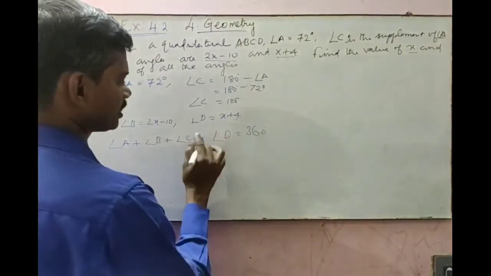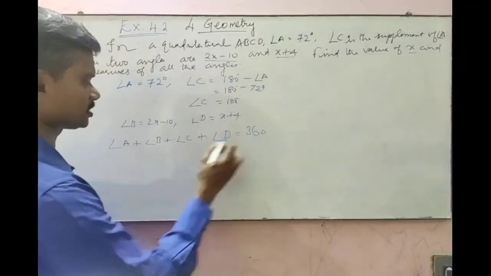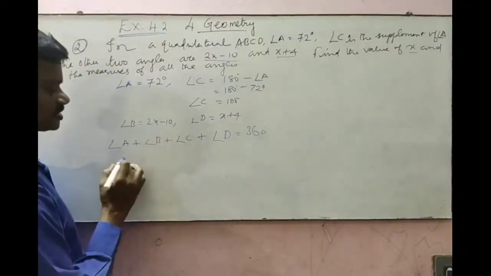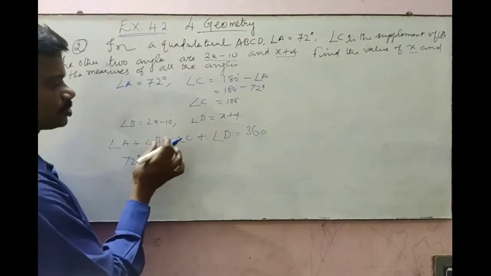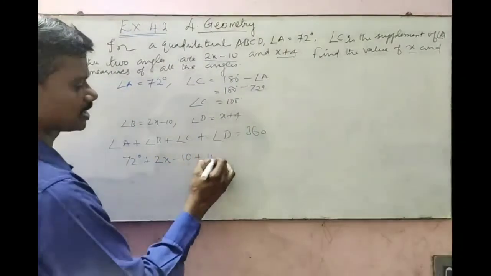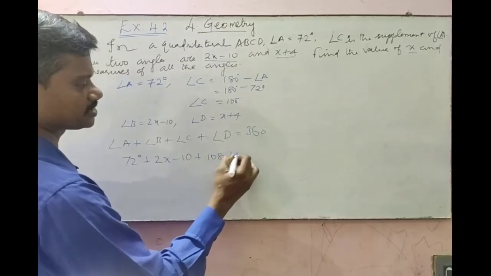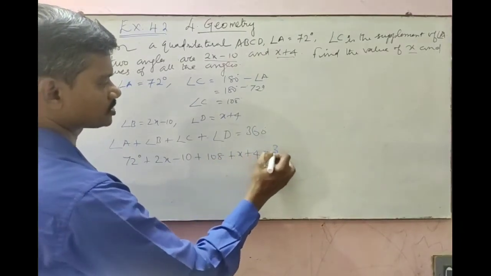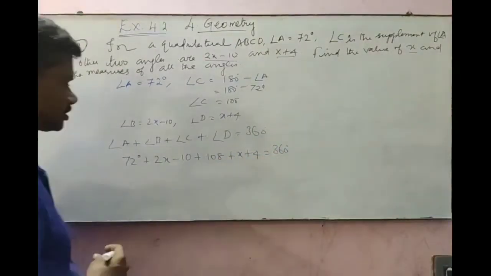The sum of all the angles in a quadrilateral is 360. So what is A here? 72 degrees. What is B? 2x minus 10. What is angle C? 108. Angle D is x plus 4, which is equal to 360 degrees.